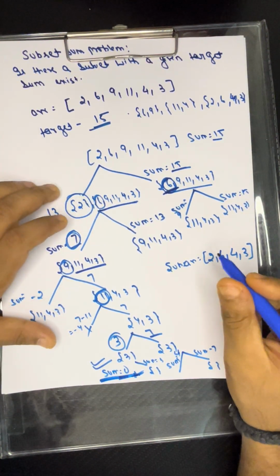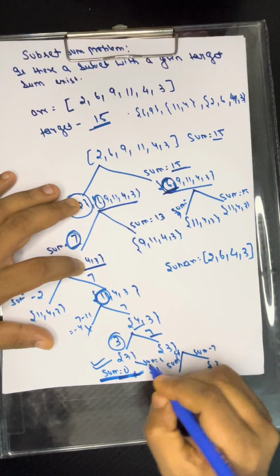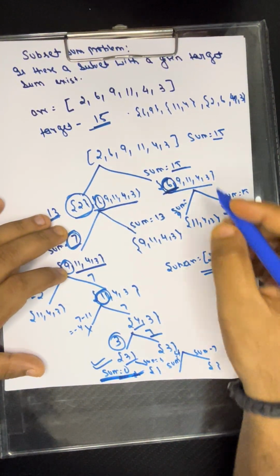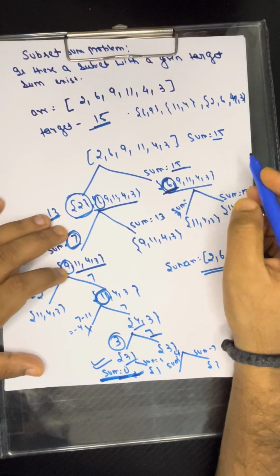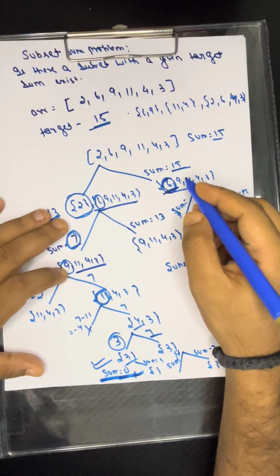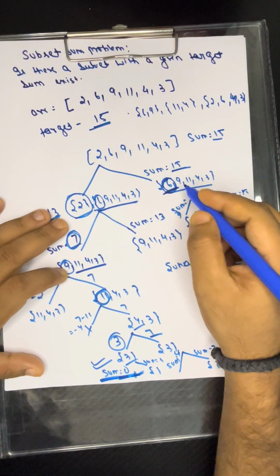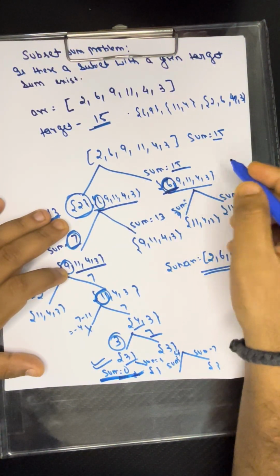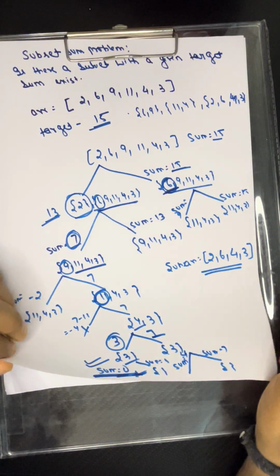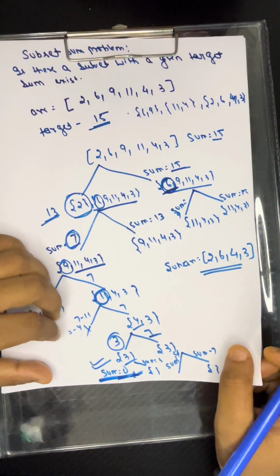So 2, 6, 4, 3. If we similarly dive deeper, we can find another subarray, that is 6 and 9. So there we can find 6 and 9 here. If you draw the whole table, you can do it yourself also. And let's go to the coding part.